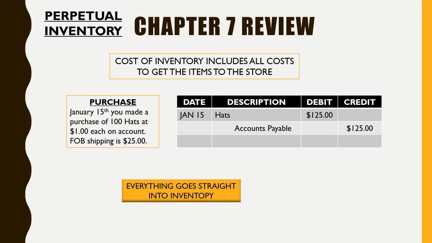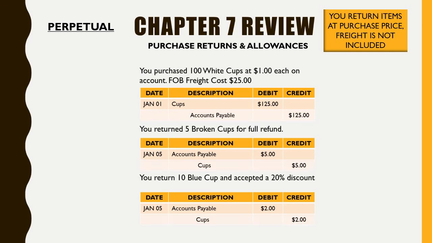We also talked about returns and allowances. I have to make a purchase first, but when I return the item, it's going to come directly out from my inventory. If I get an allowance, it's still going to come directly out from my inventory.